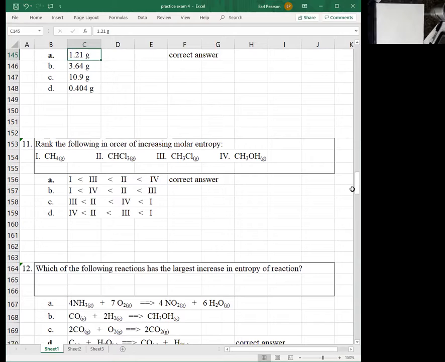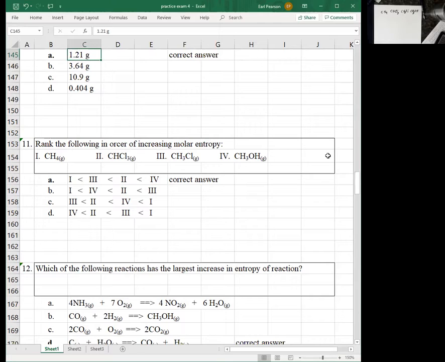The molecules that we have are CH4, CHCl3, CH3Cl, and CH3OH. Now we want to get the increasing entropy.